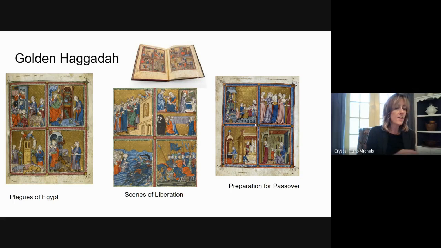But it's important to realize that even though the Haggadah has a lot of similarities with the other manuscripts that we've looked at so far, there's a huge difference in function and a huge difference in who the patrons are and who the audience is and what their purpose is.